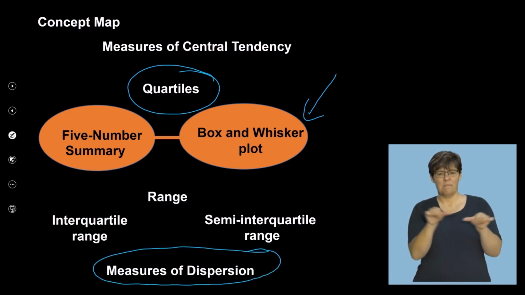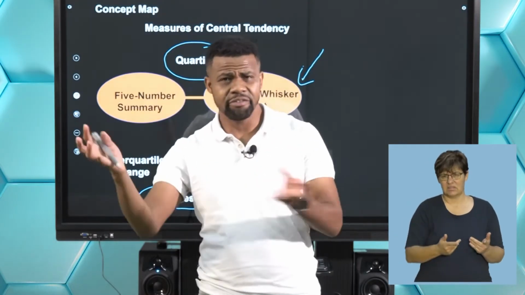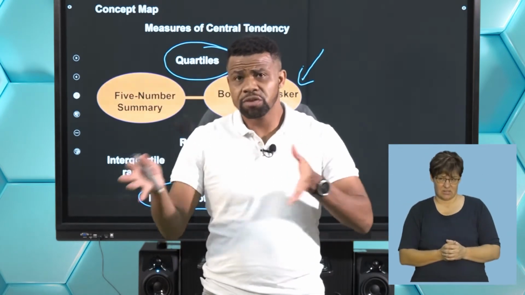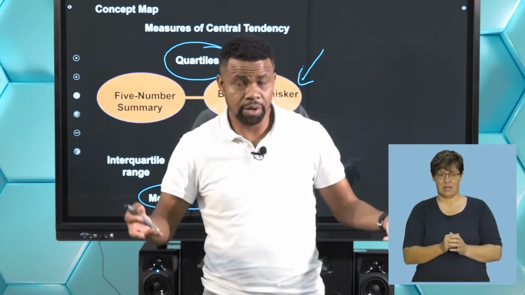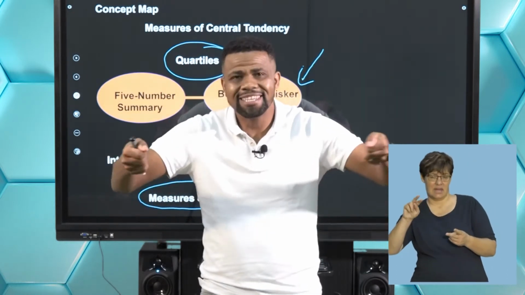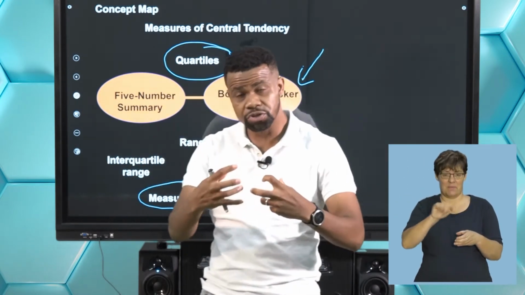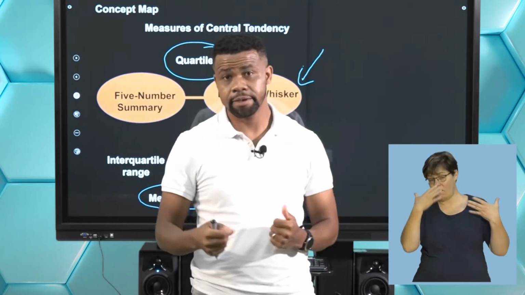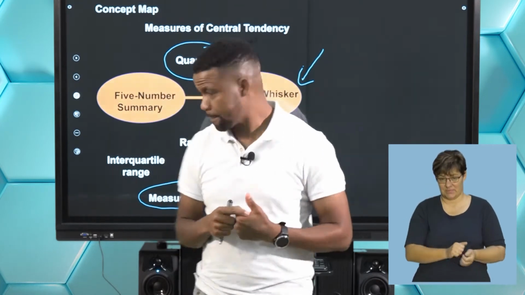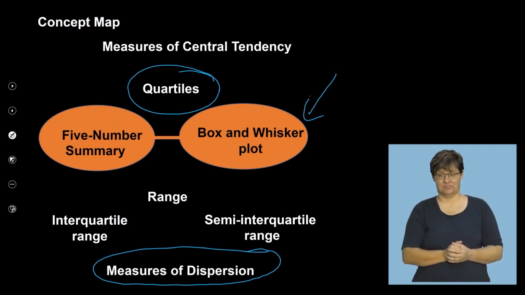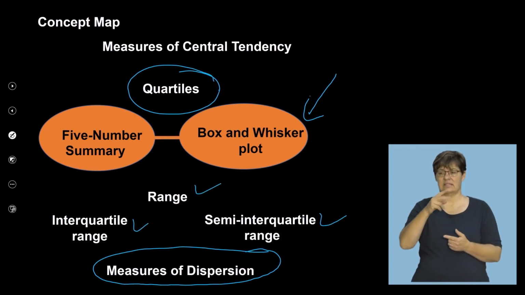Remember that the measures of dispersion are the interquartile range and the range. And the measures of central tendency are your mean, median and mode. The data clusters around the mean. But the focus today will mainly be the measure of dispersion and the 5-number summary. So we'll look at the interquartile range and the semi-interquartile range.